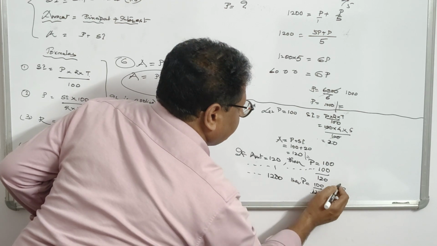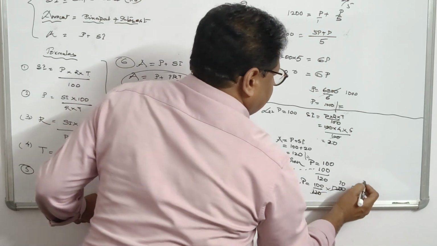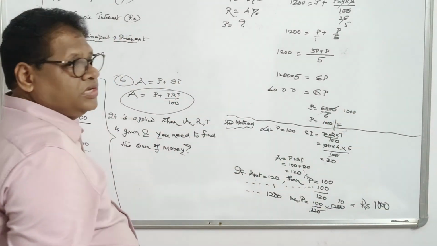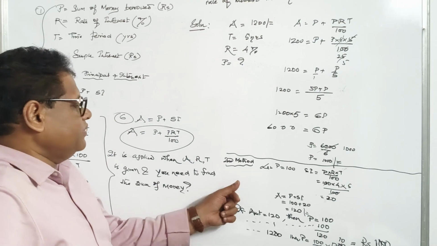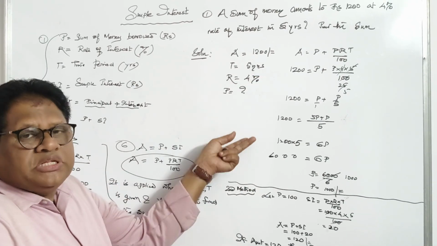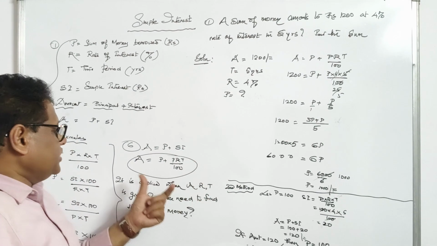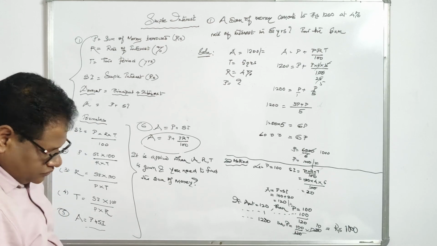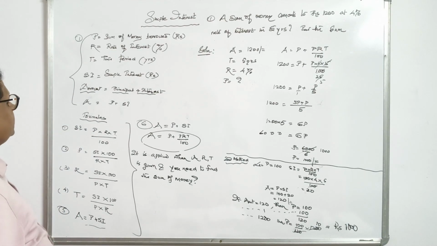So it cancels 10 times. That comes to rupees 1000. Same as above. Now it is up to you to select either taking principal 100 and solving this, or the equation method. This equation is very important as such. Now let me discuss a few more questions.